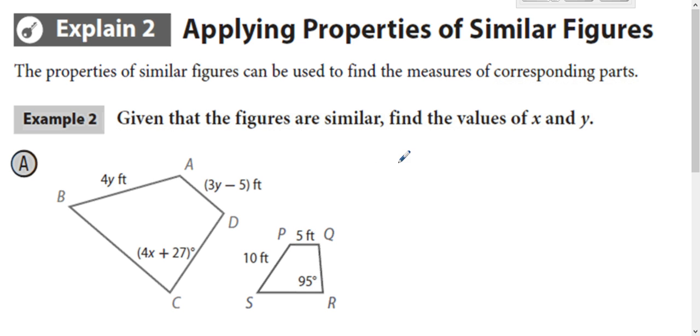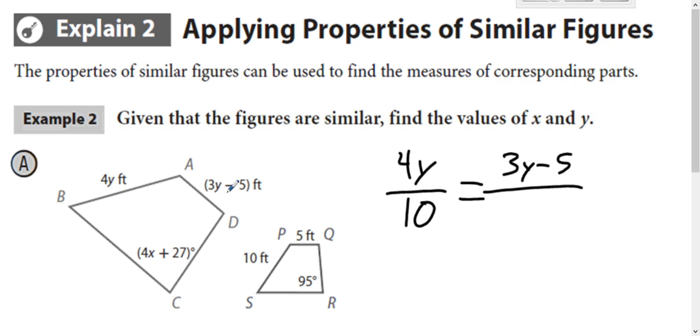So we could take 4y. If we write that first, that corresponds with the side length that's 10. Then we can take the 3y minus 5, same figure in the numerator each time. That corresponds with 5.